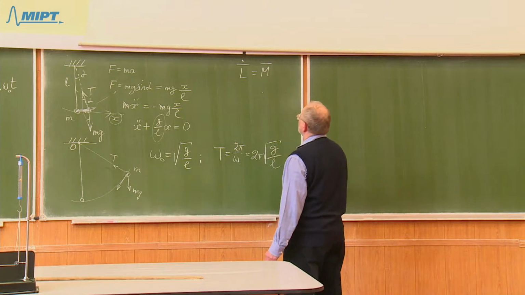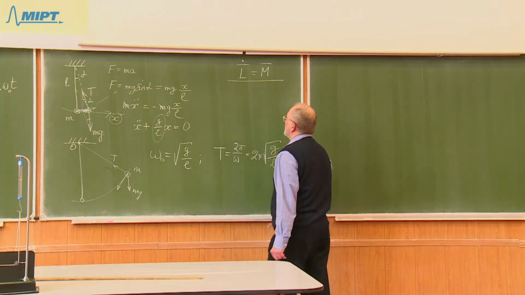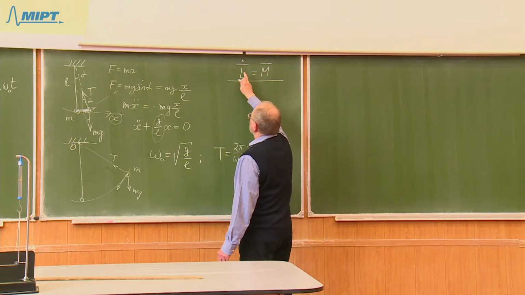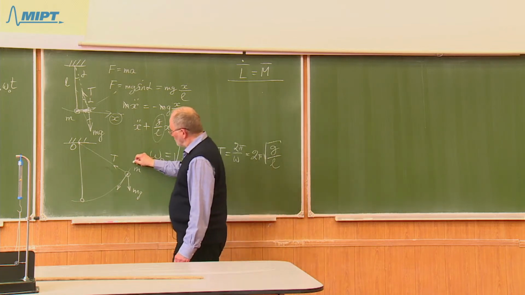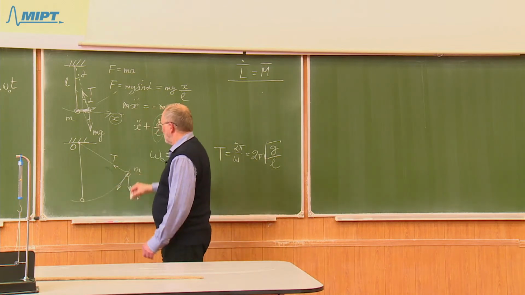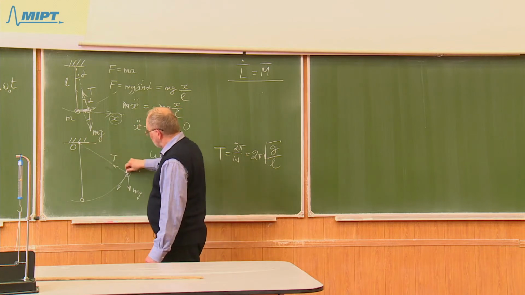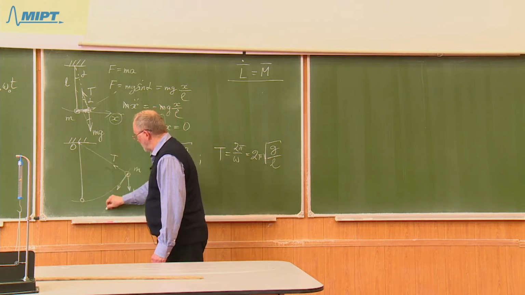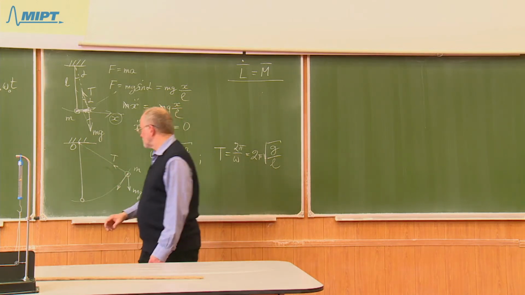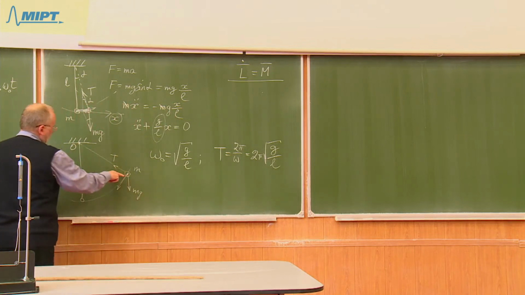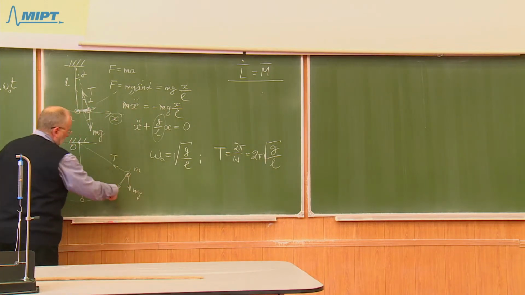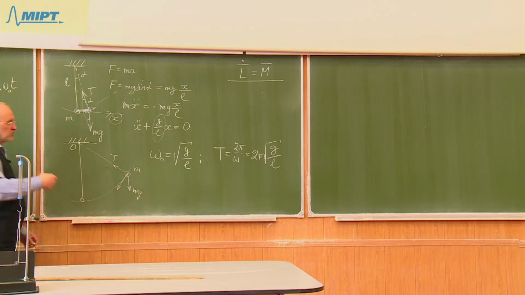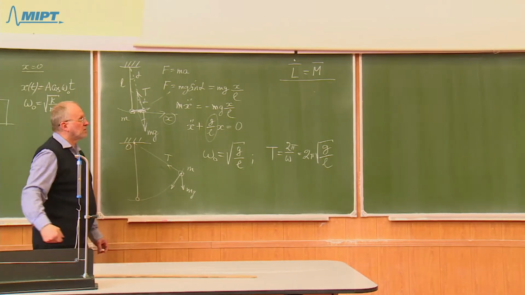This law also can be used in this situation. What is angular momentum if the ball moves in this direction? That will be the radius vector times momentum, a vector product. And this radius vector, if you multiply it by momentum, the angular momentum will be perpendicular to the blackboard.